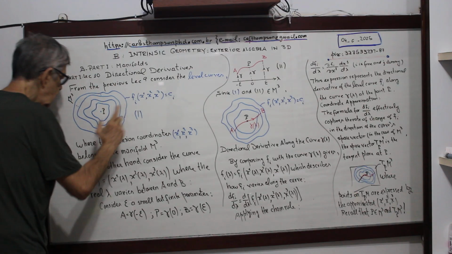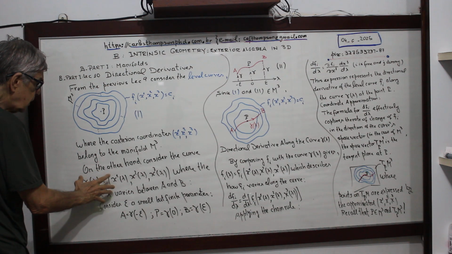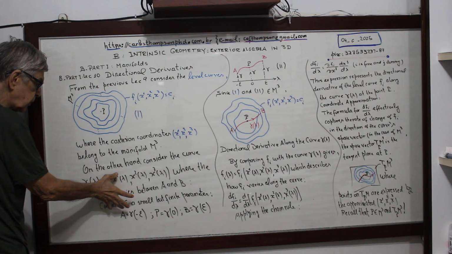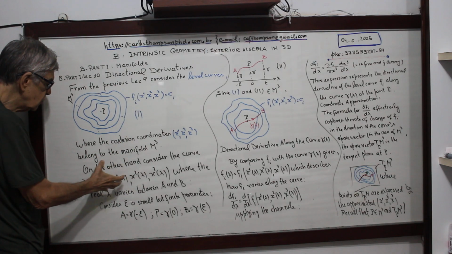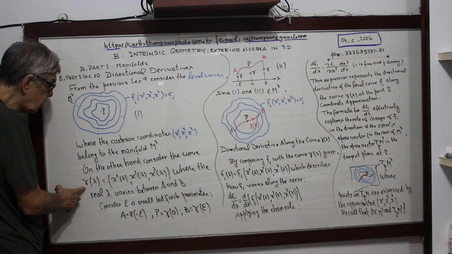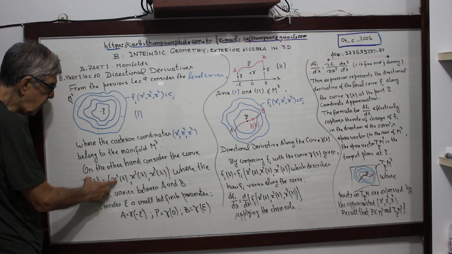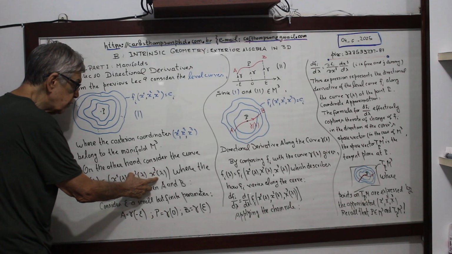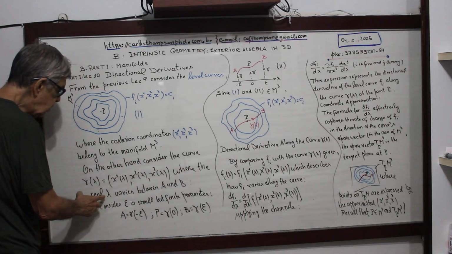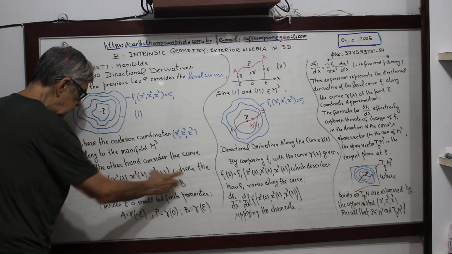Again, we already discussed in other videos the curve gamma of lambda, which is x1 of lambda, x2 of lambda, x3 of lambda, where lambda is a real number that varies between a and b.